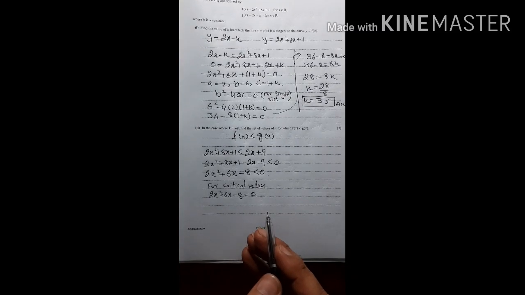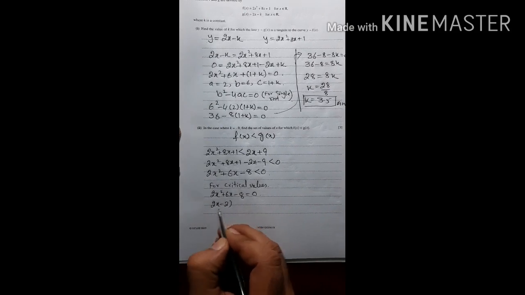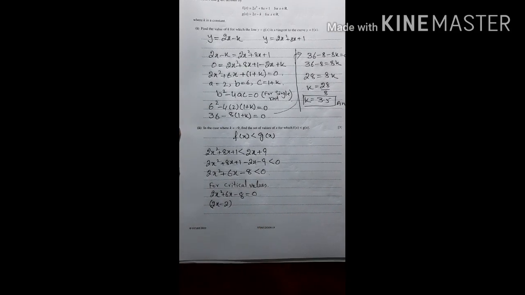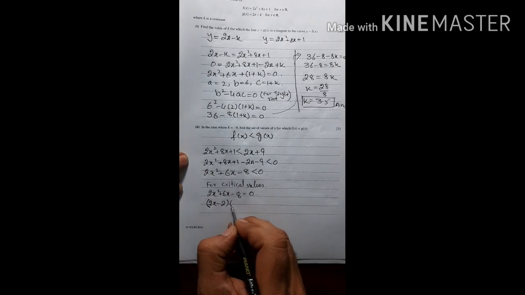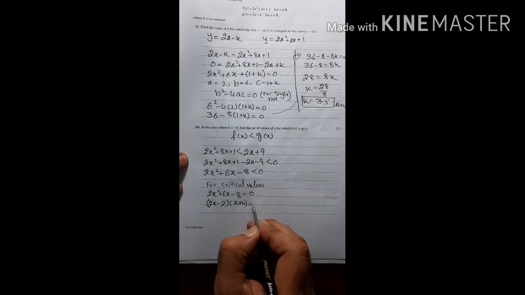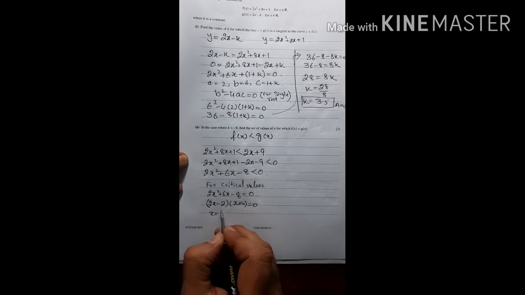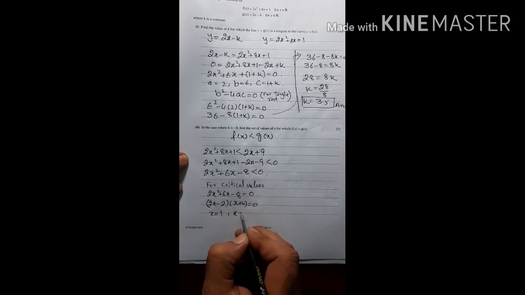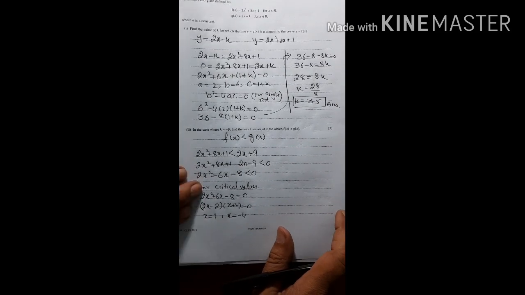The critical values will be, it will be 2x minus 2 into x plus 4 is equal to 0. So the two values will be x is equal to 1 and x is equal to minus 4. So these are the critical values.